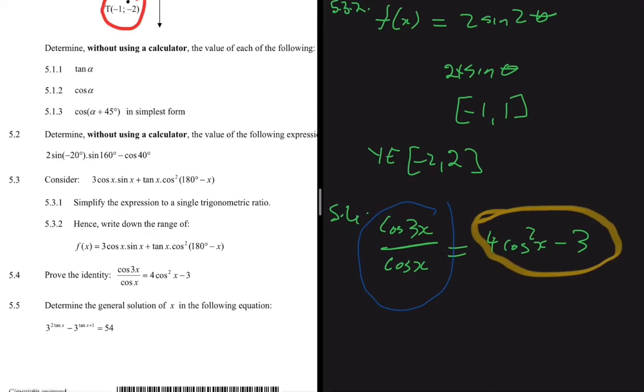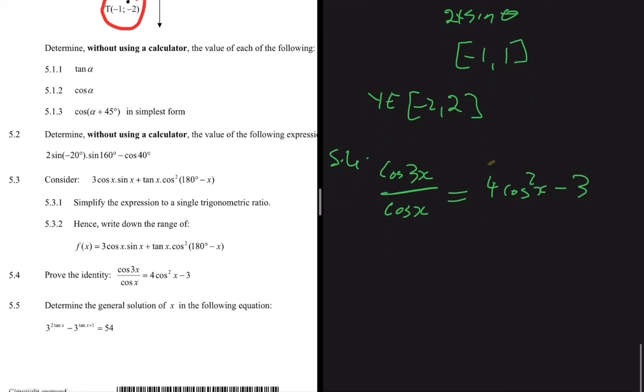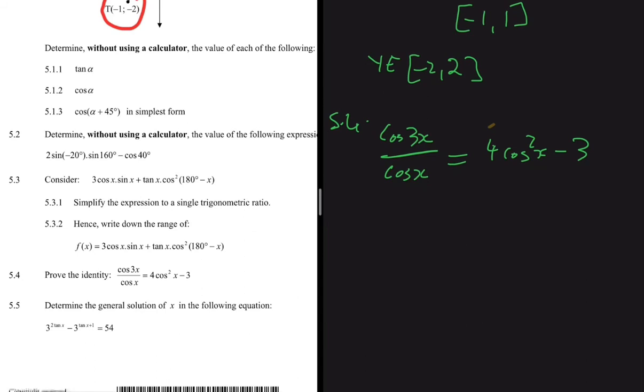So let's take the left hand side and try and make it look exactly the same as the right hand side. So what is our left hand side? We have our left hand side being equal to cos of 3x divided by cos x. But there's nothing special about cos of 3x, so there isn't so much manipulation we can do to cos of 3x.